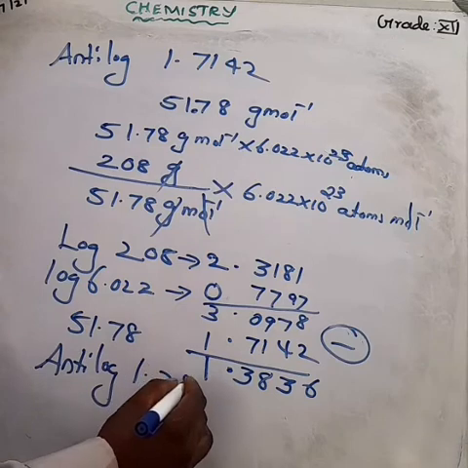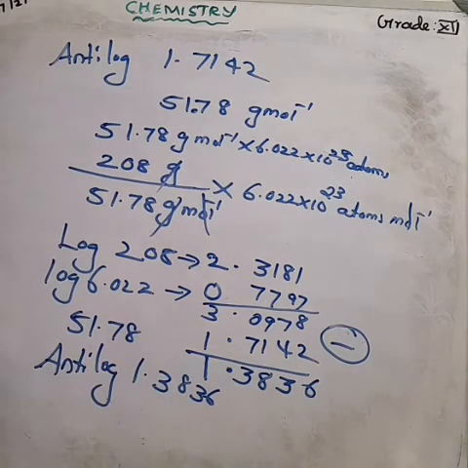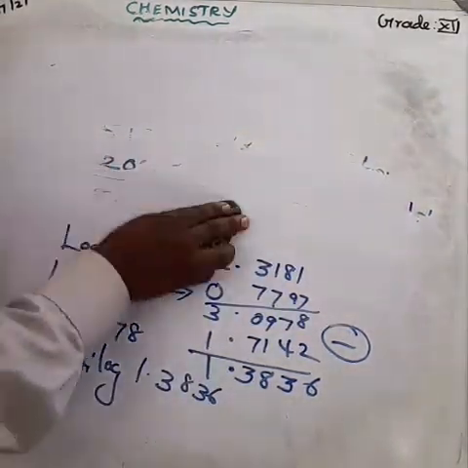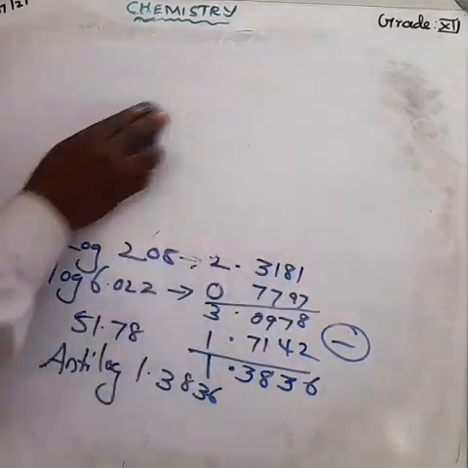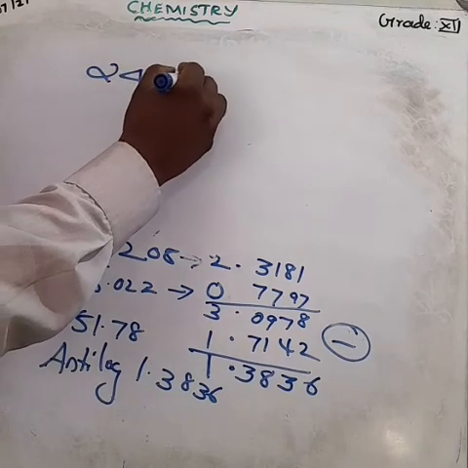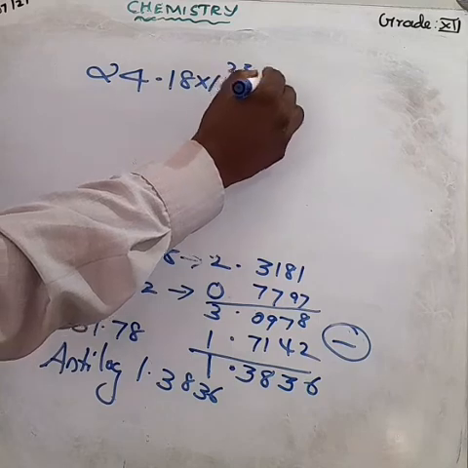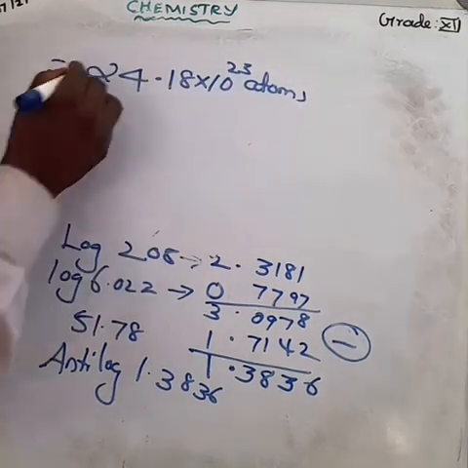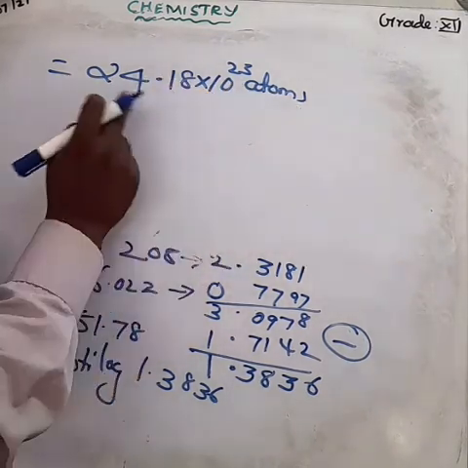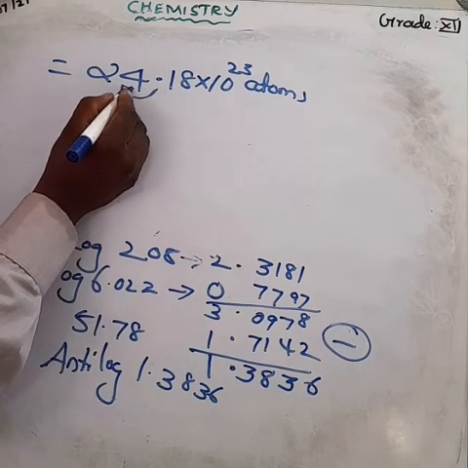Now we have to find the antilog. The antilog of 38 versus 3 and the mean difference 6. Adding, we get 24.18 into 10 raised to 23 atoms. But whenever you are writing the examination, you have to write in scientific notation.